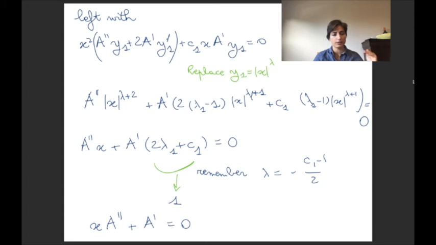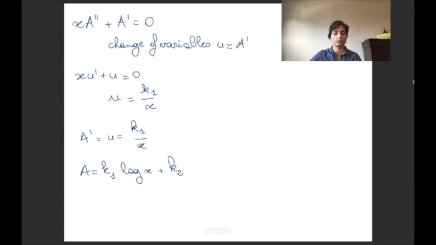So we retrieve an equation for a that is very simple, an equation we can solve by hand: x times the second derivative of a plus the first derivative of a equals 0. We can change the variables from a prime, we call it u. Now it's a first order ODE in u, we know how to solve it. If we have u, then we can integrate to find a.